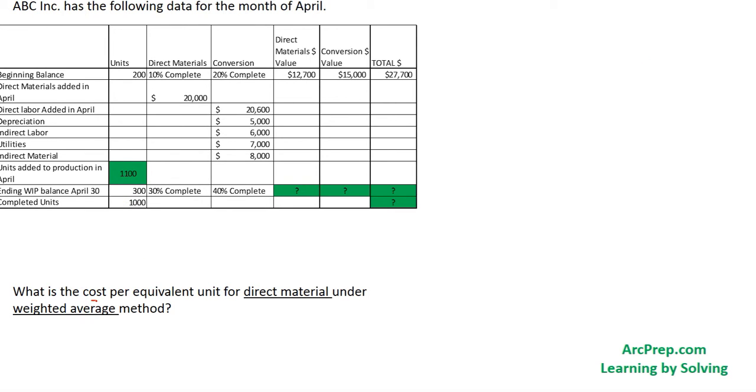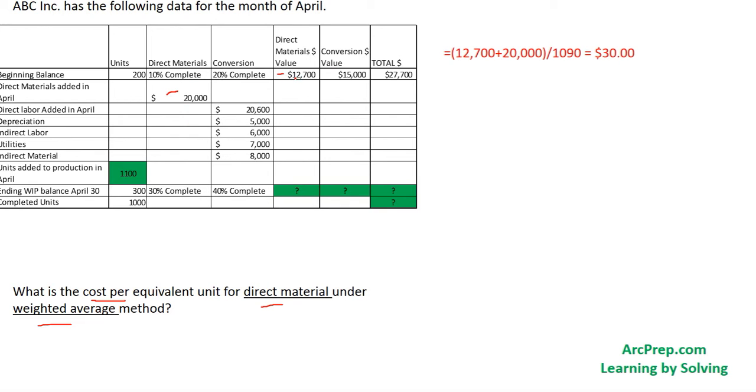What is the cost per equivalent unit for direct material under the weighted average method? So we are going to look at direct materials and we are going to use weighted average. For weighted average, we are using the beginning dollar balance and we are adding the values that we have for direct materials.